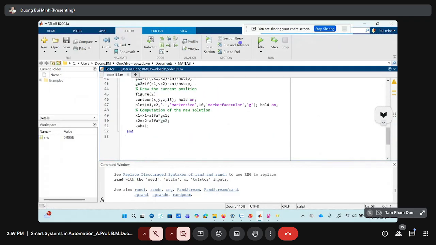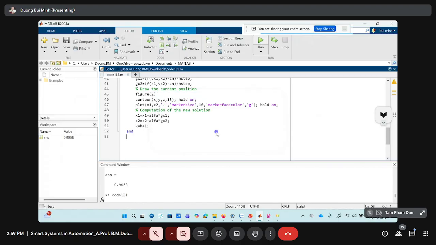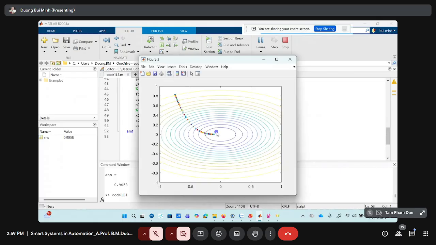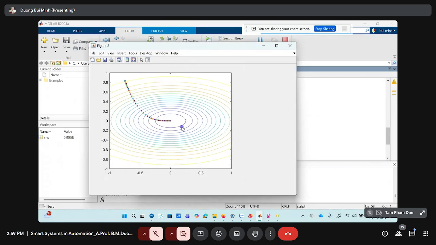Then save it, run it. And then you can see, after some iteration, how many iterations? 200. You can get the optimal solution here.